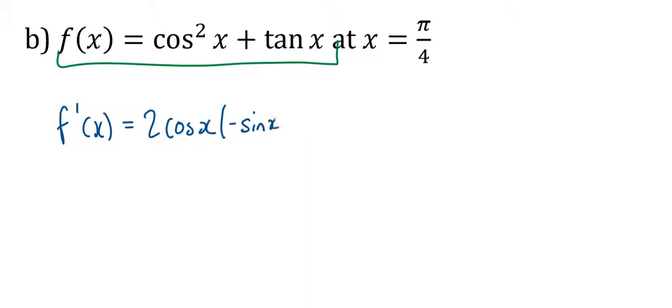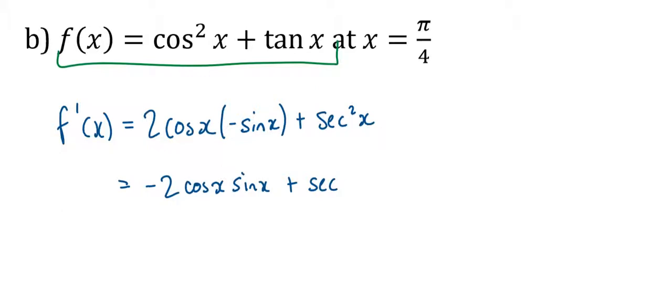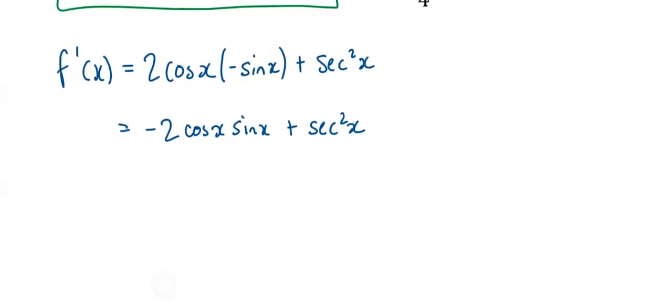Then times the derivative of what's inside, but that's just 1 because it's just x. Happy with this? Okay.